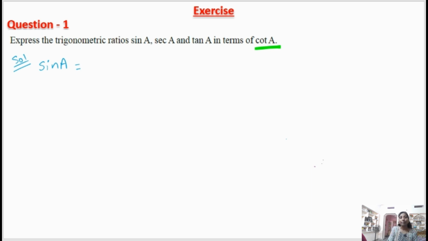You know that the reciprocal of sin A is cosec A. So we will write sin A is equal to 1 by cosec A. It's very simple.